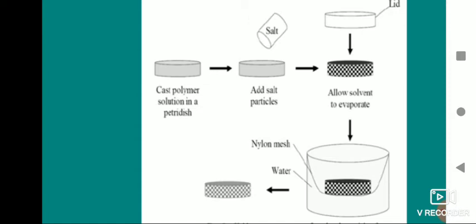So wherever the salt particles were present within the polymer, after the solvent evaporates and this structure is immersed into water, the salt will dissolve in the water, leaving behind hole-like structures in the polymer, which gives a porous mesh-like structure.